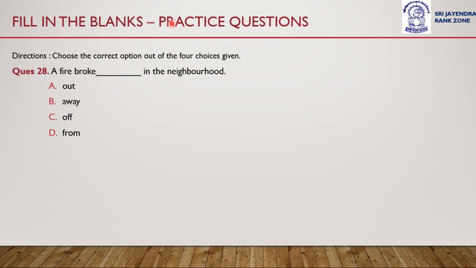A fire broke dash in the neighborhood. Options are option A out, option B away, option C off, and option D from.